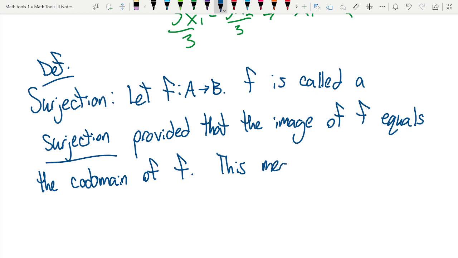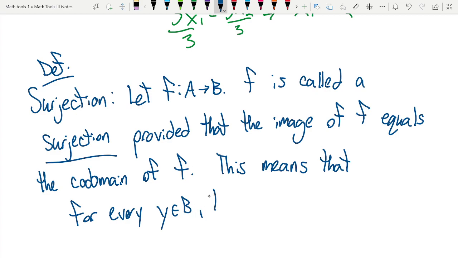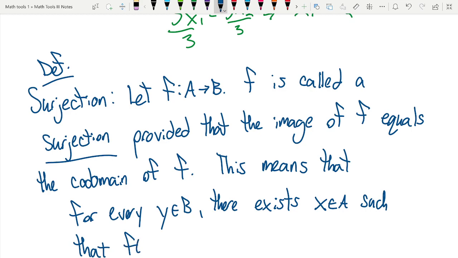Okay, so what this means in terms of elements of the sets is that for every y in B, which is the codomain, there exists x in A such that f of x equals y.